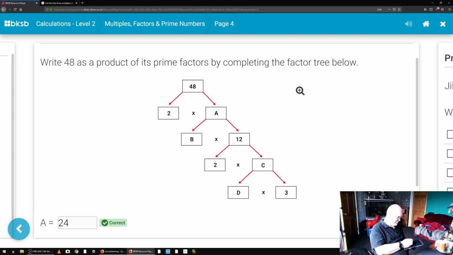Okay, so we start at 48 and we divide it by 2 until we get a decimal place. Because obviously if you do 3 and you divide that by anything, so that is the prime factor. If I remember that, I'm going to be amazed.